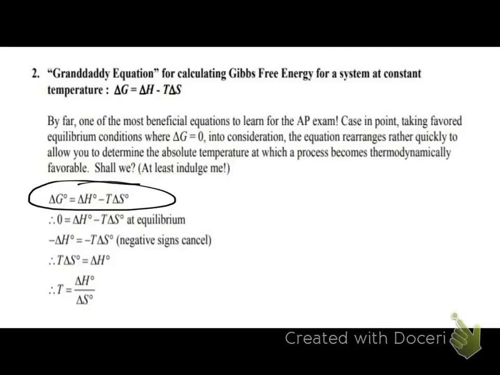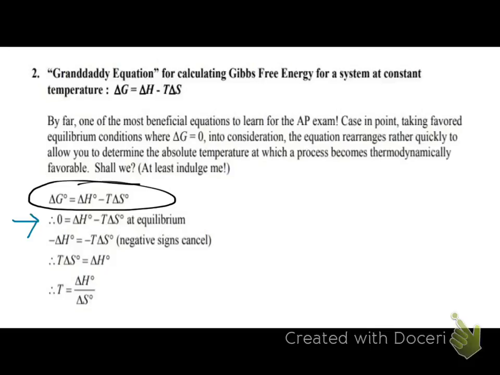Okay, the other thing that I want you to remember is, because this is something it likes to ask you, at what temperature would it be thermodynamically favored? Okay? At what temperature? So what you do is at equilibrium, you know that delta G is 0, because I told you that earlier. Okay? At equilibrium, delta G is 0. So you can substitute that right here.